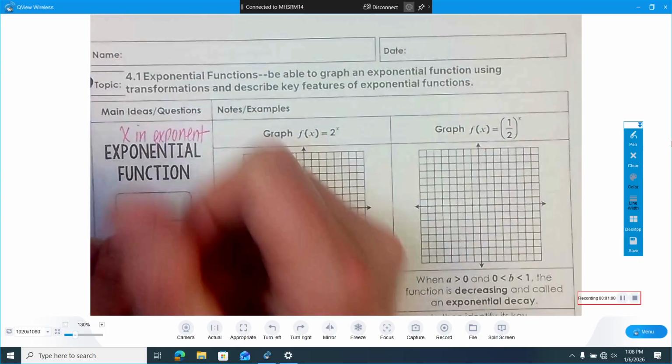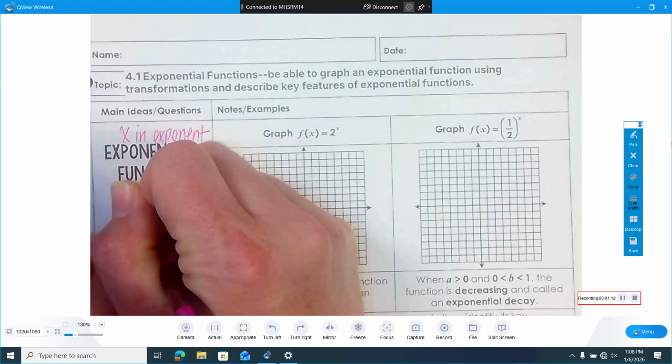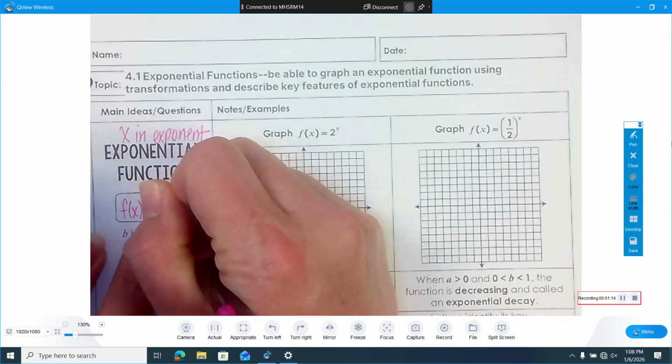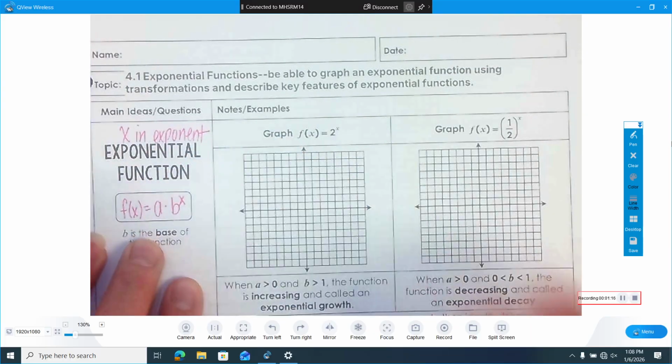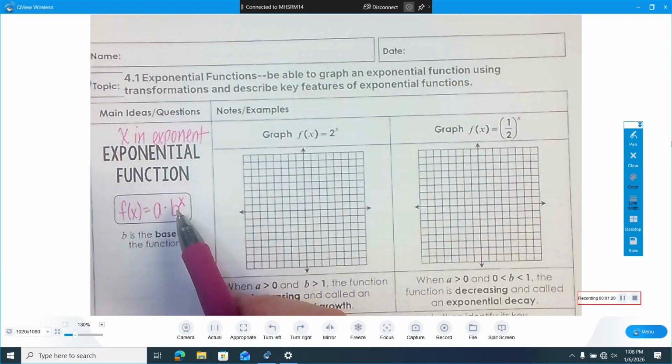And a basic function looks like f of x equals a times b to the x. So the x is in the exponent position. And then we have our base b. And there's this multiplier out in front, and that multiplier can stretch or shrink our exponential function.